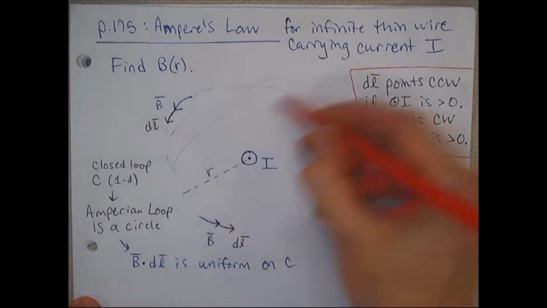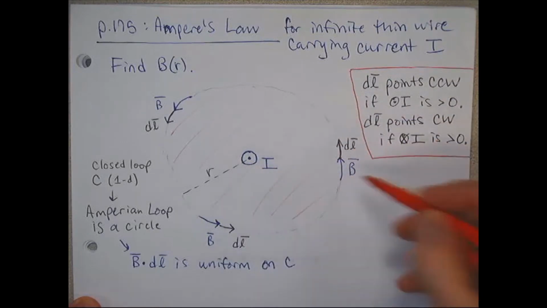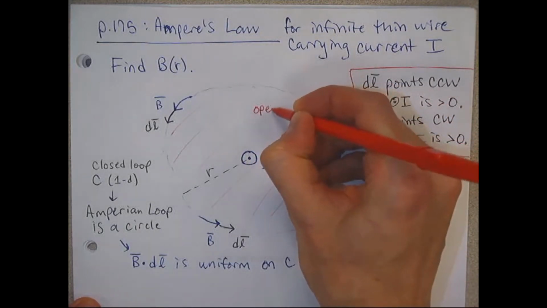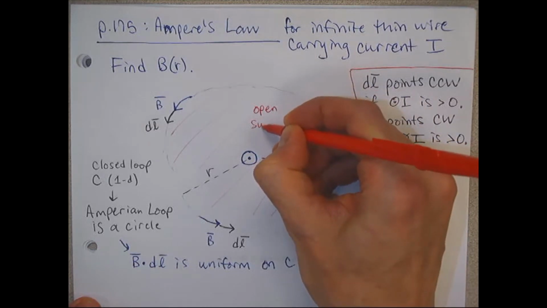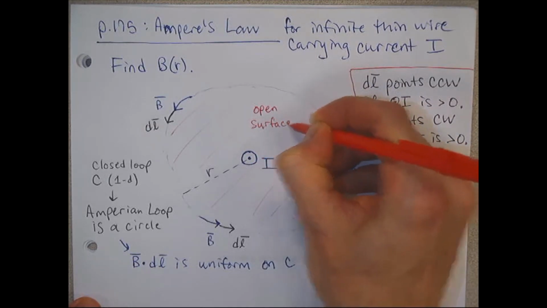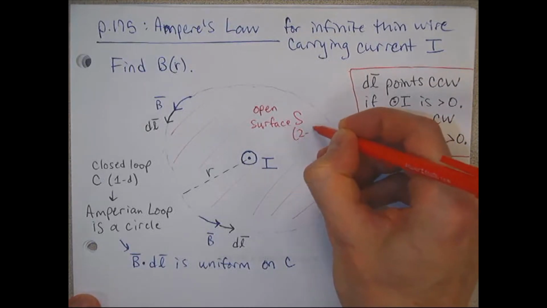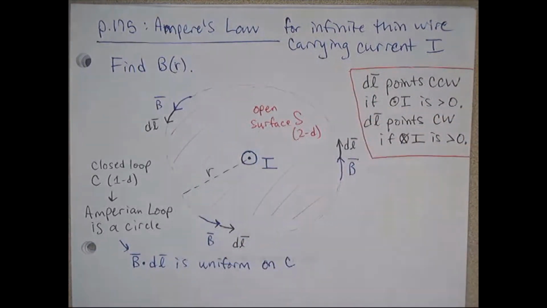This current is puncturing the open surface S, that's a two-dimensional surface, bounded by the closed loop L.